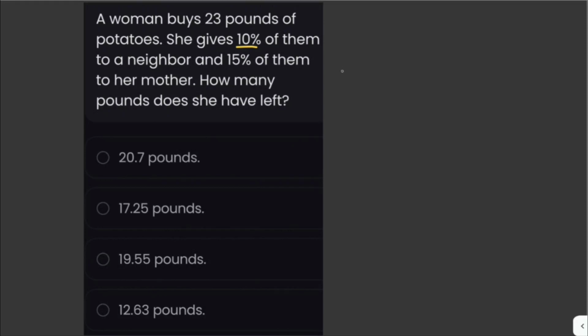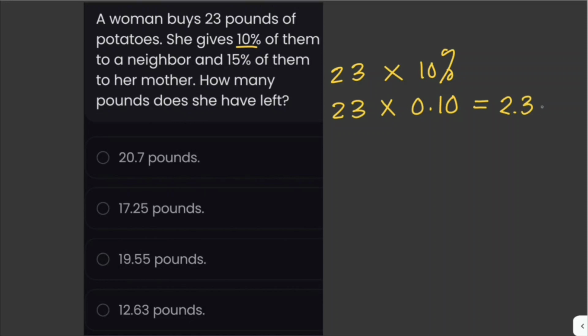So that would be 10% of 23. So that is 23 times 10%. We convert 10% as a decimal. So this is just 23 times 0.10, and this is just equivalent to 2.3 pounds.